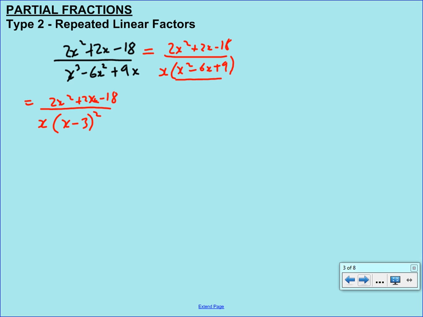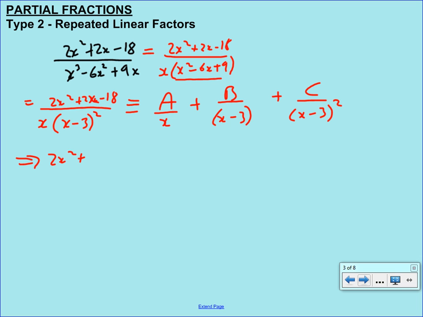Right, so actually I've got a repeated linear factor case, so I have A over x plus B over x minus 3 plus C over (x minus 3) all squared. Okay? And then it would be the same as normal, so I can say that 2x squared plus 2x minus 18 is the same as A, well, what's missing from the denominator from A?